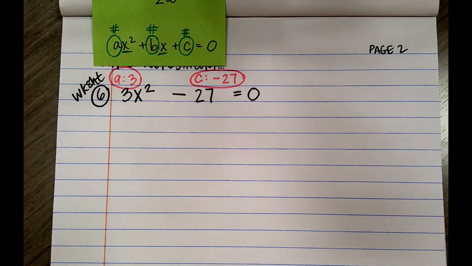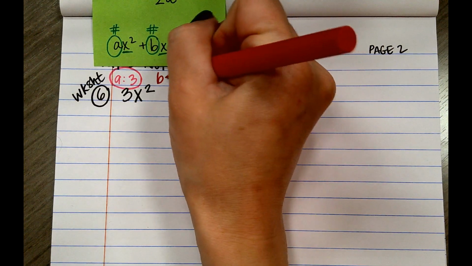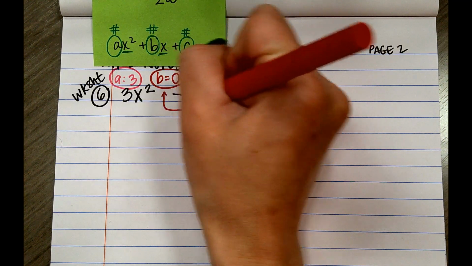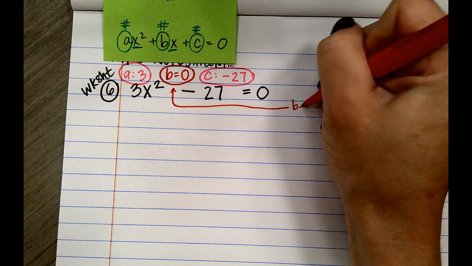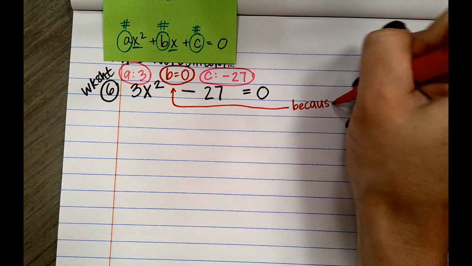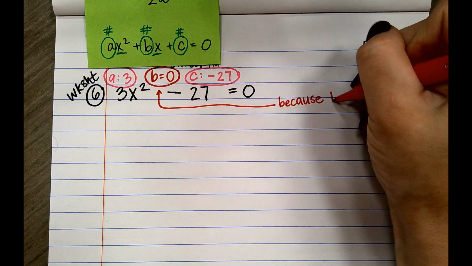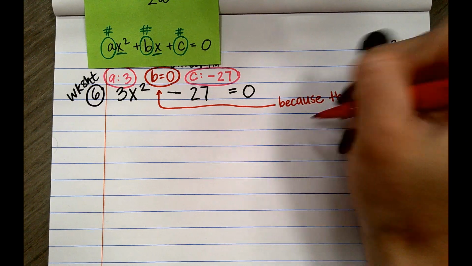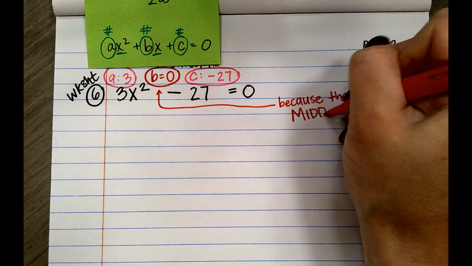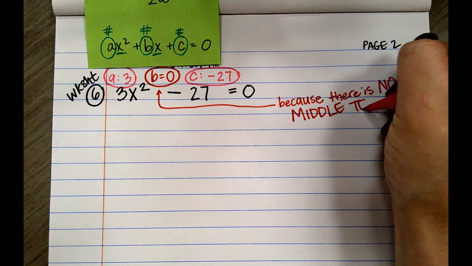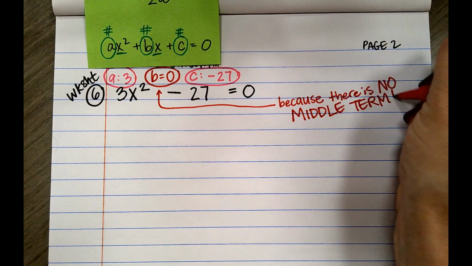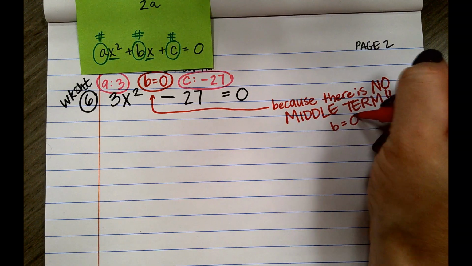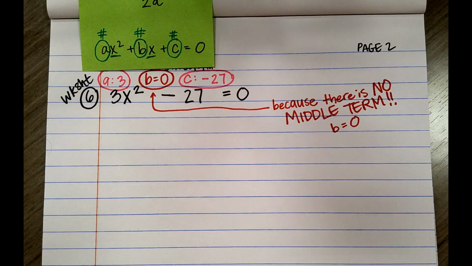So, I'm going to write here, B equals 0. We'll do all of them like that, because there is no middle term. B equals 0.